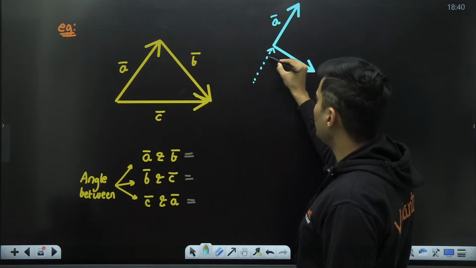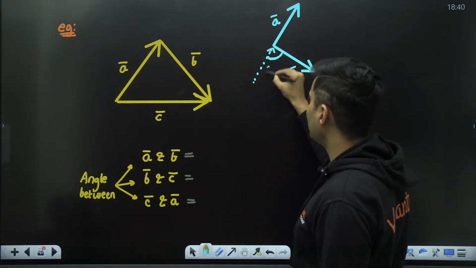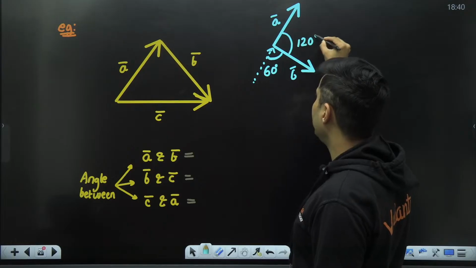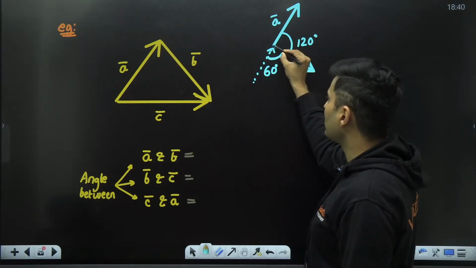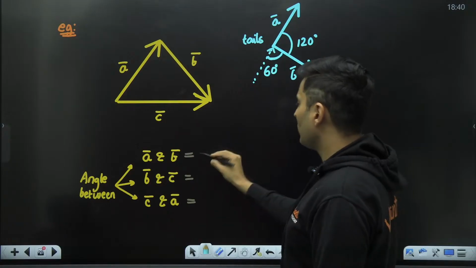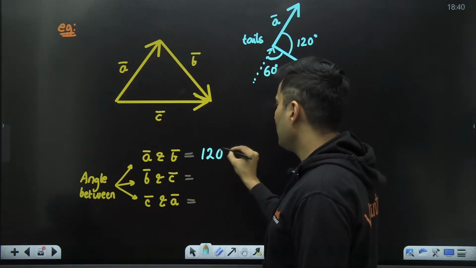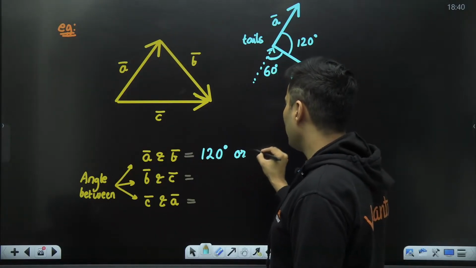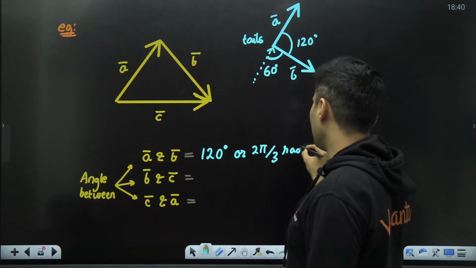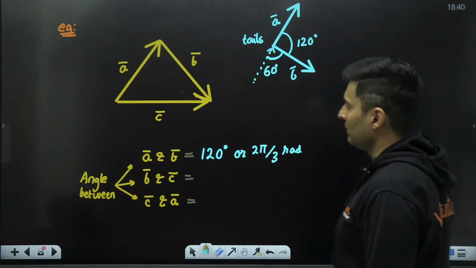Usually this angle was 60 degrees, so this will be 120 degrees. This is the right way because now both their tails are together. So the correct answer between A and B is 120 degrees, or you can use 2 pi by 3 radians. One and the same thing.